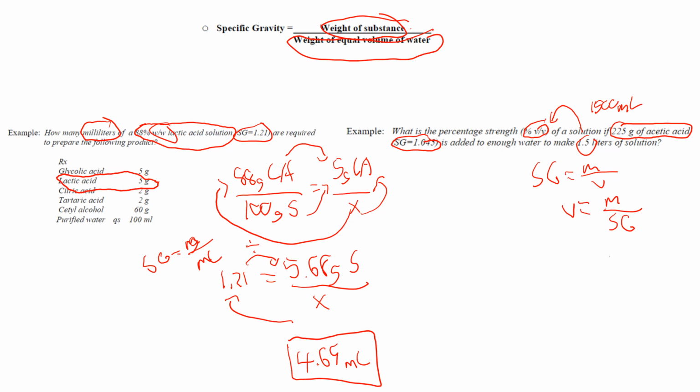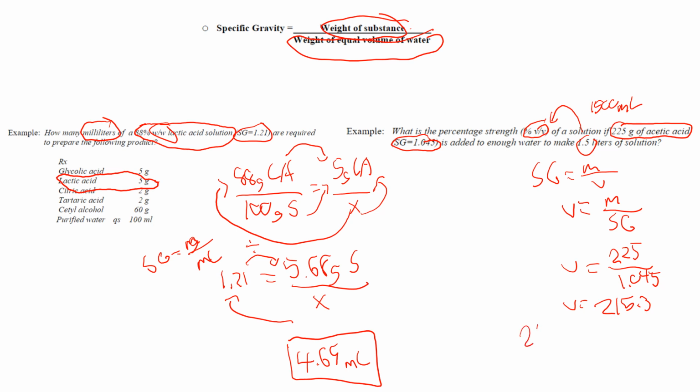So our mass is 225 grams over a specific gravity of 1.045, and this will equal our volume, which let me put in my calculator really quick. 225 divided by 1.045. You get 215.3 milliliters.